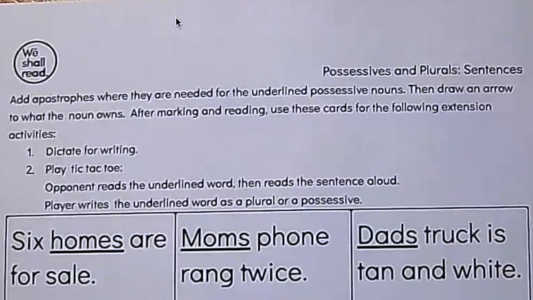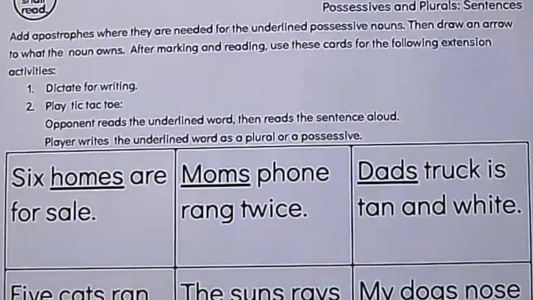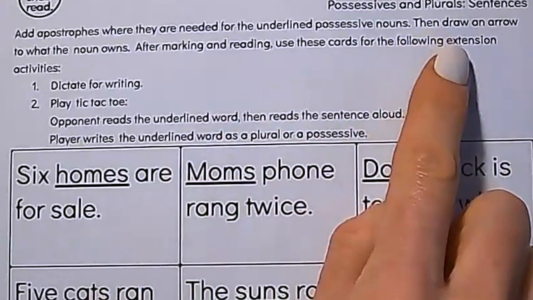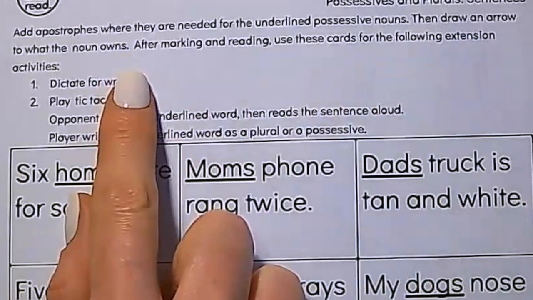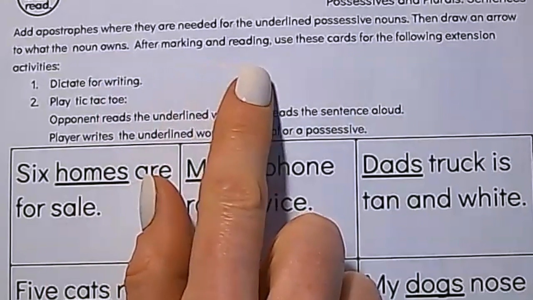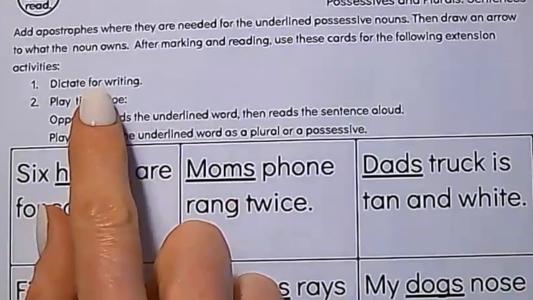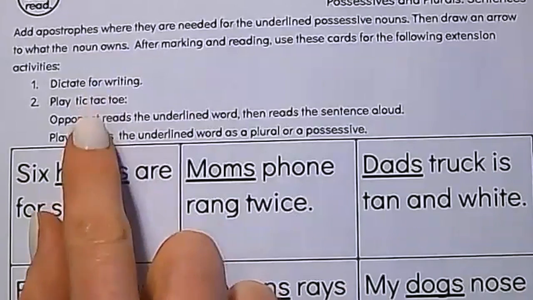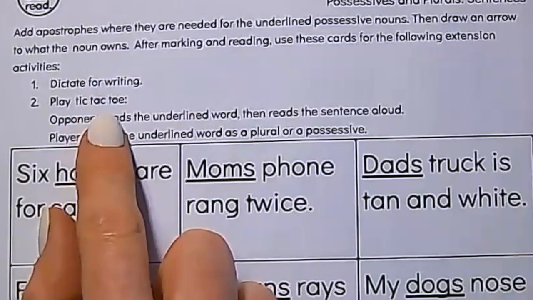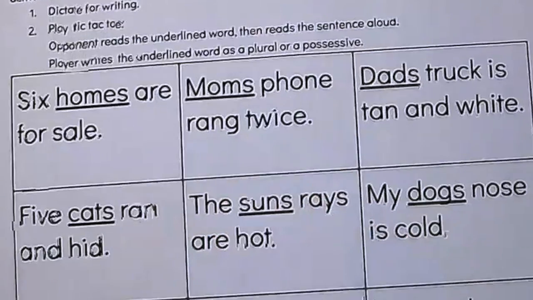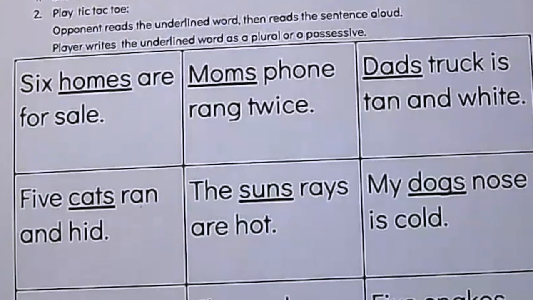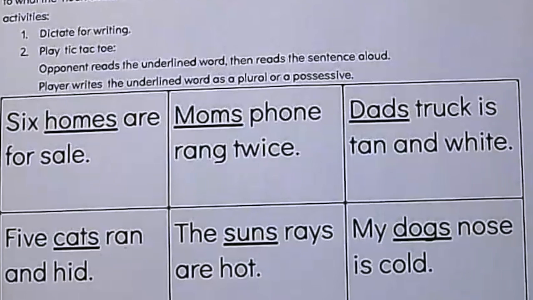So the student would have to decide if it is a possessive or not. Then draw an arrow to what the noun owns. And then after marking and reading these cards, you can dictate these sentences for writing, or you can play tic-tac-toe with them. So if you're working on this page, add apostrophes where they're needed for the underlined possessive noun.